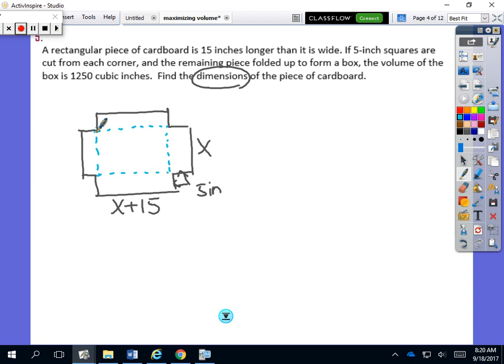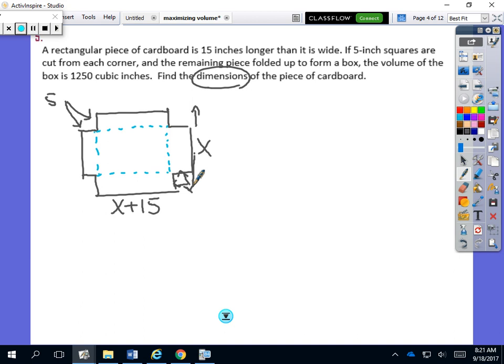So the area of the base is going to be this length times this length. Well, if originally the whole thing was x, but I took 5 inches off of that on each end, I'm taking off 5 inches here and 5 inches here.